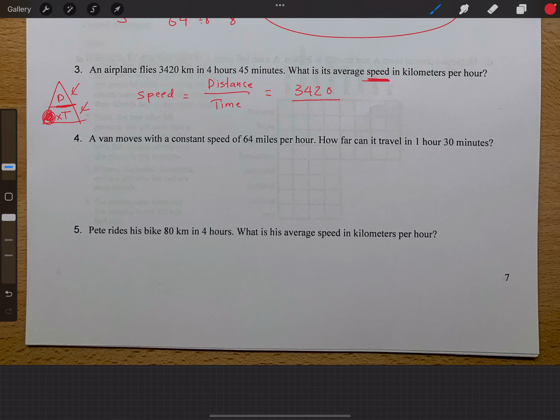Now 45 minutes is 3/4, so 15 minutes is 1/4. 30 minutes is 2/4, and 45 minutes is 3/4 of an hour. Okay, so we're dividing it by 4 and 3/4.